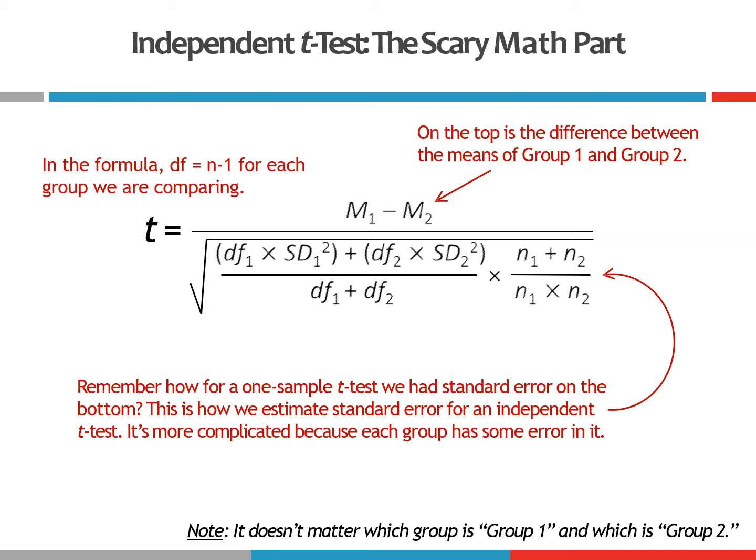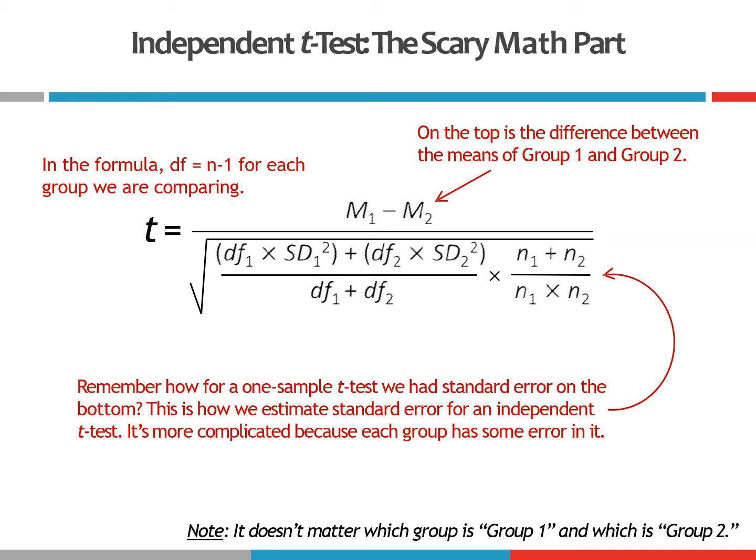So that's all we have at the top here: our observed difference in our sample. Just like we had the observed difference between the sample mean and the population mean, now we have the observed difference between group A and group B in our sample, or group 1 and group 2 in our sample.